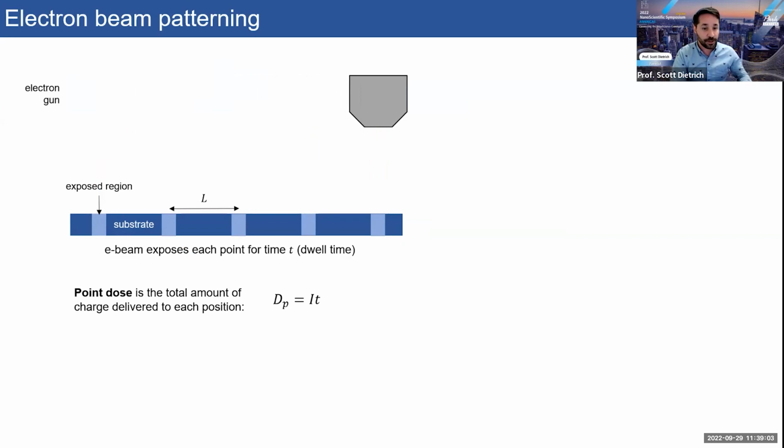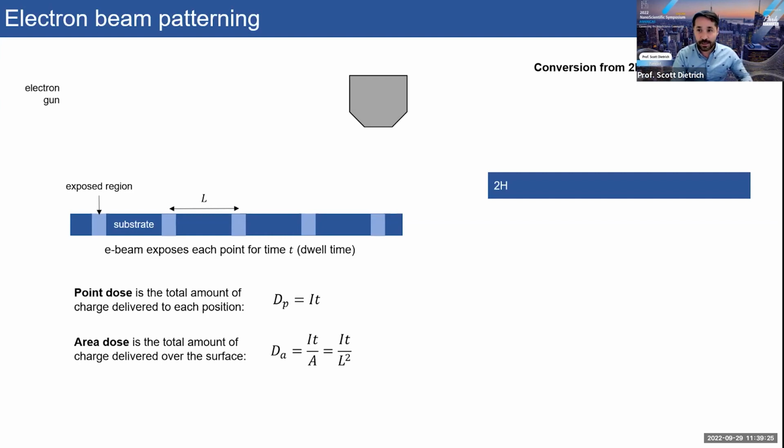A point dose is defined by the beam current times the time we dwell on each position. And then the area dose would take into account the spacing between those points. How many electrons are we donating to this material per nanometer squared, for example?